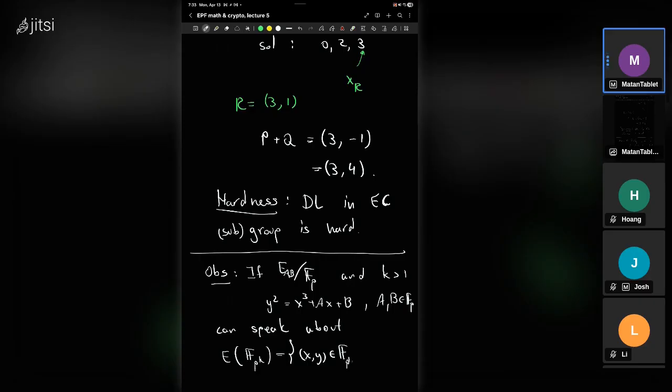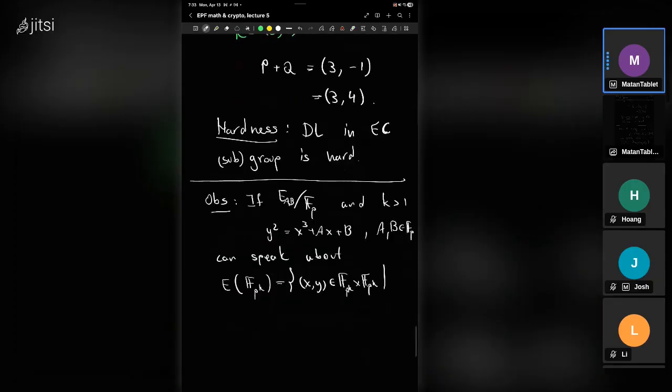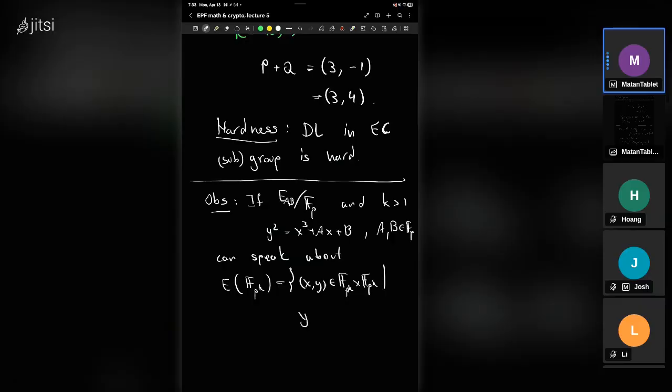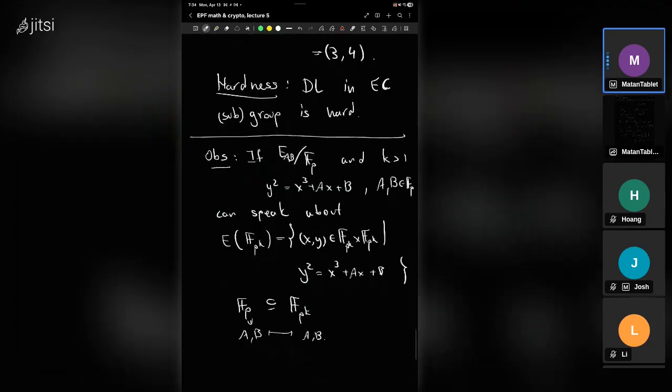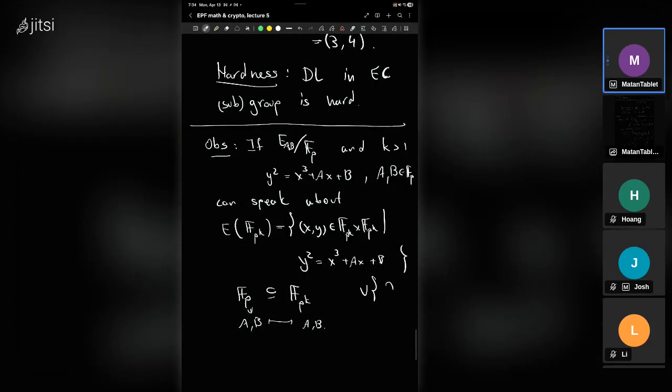So Fp^k times Fp^k, such that y squared is equal to x cubed plus ax plus b. I mean, a and b are elements in Fp, but Fp is a subfield of Fp^k. So if a and b are here, I can also think about them here. And this equation is still meaningful. And of course, I add the point at infinity.